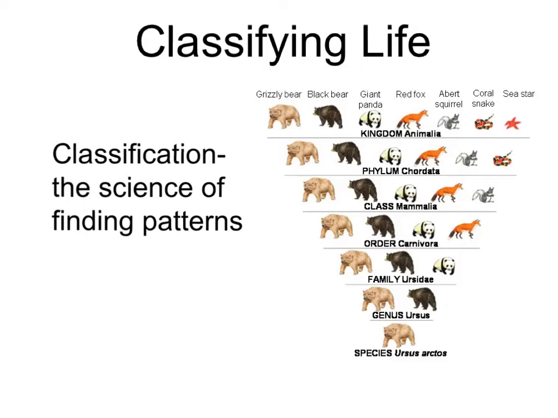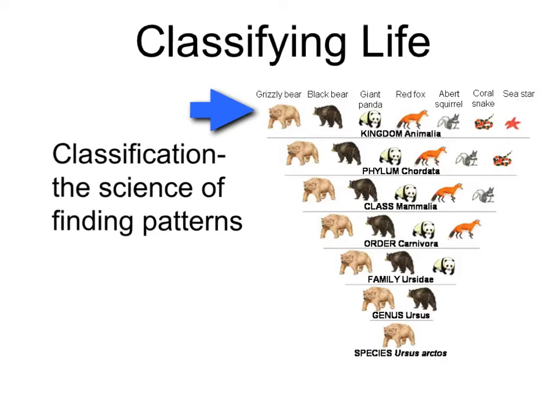One classification system that's used today divides all these organisms into 6 major groups called kingdoms. A kingdom is the broadest group, which you can see right here. This means animals. Everything that you see in this section, they're all animals.